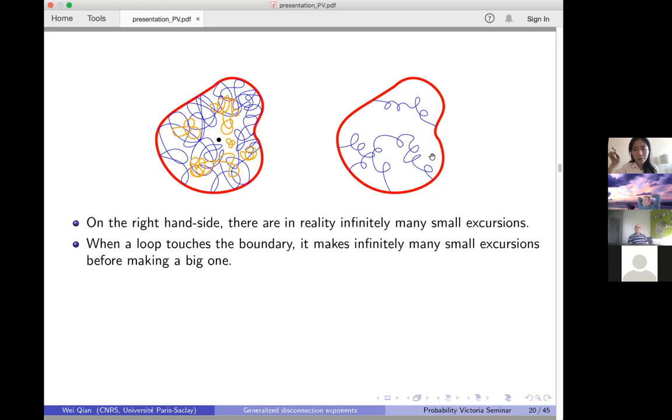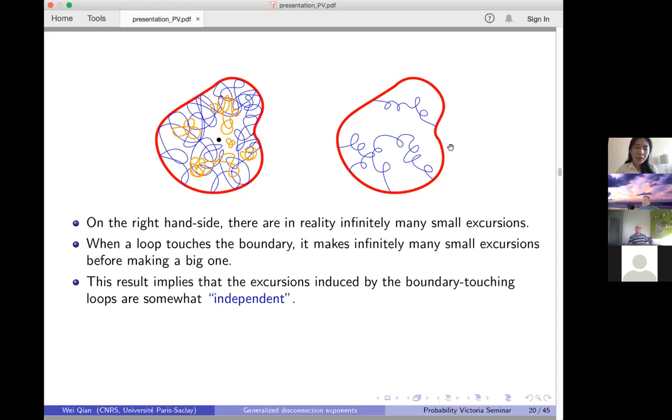So it really bounces off very often before really leaving. It is just analogous to dimension 1: a Brownian motion, when it touches 0, it really touches 0 infinitely many times before really taking off to make a big excursion. So here in dimension 2, the Brownian loop, when it touches this boundary, it does the same. It just touches infinitely many times. So it makes a lot of small excursions. So this is not a contradiction that it has the same law as the picture on the right-hand side.